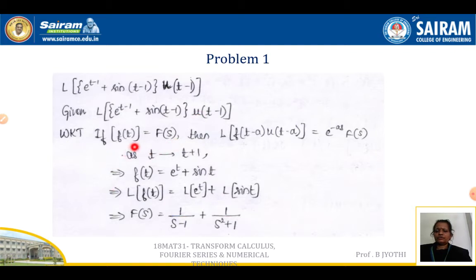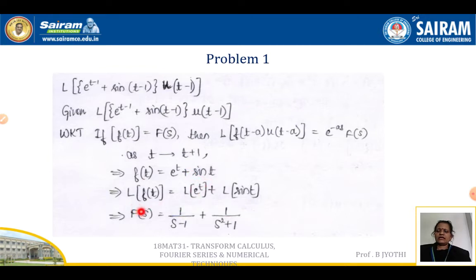Now we know that if L of f of t is F of s, then L of f of t minus a into u of t minus a will be e power minus as into F of s, as t tends to t plus 1. Here f of t will be e power t plus sin t.